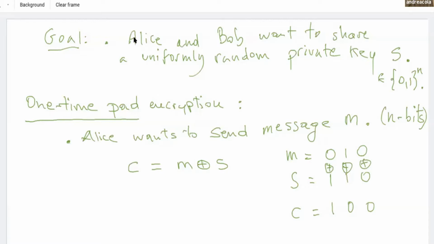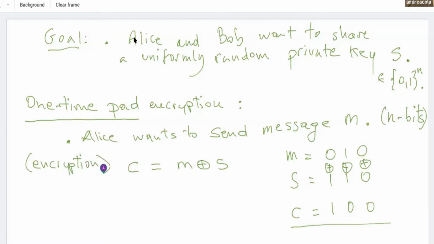So is it clear how C is derived from M and S? Very good. Nice. So this is the encryption part.